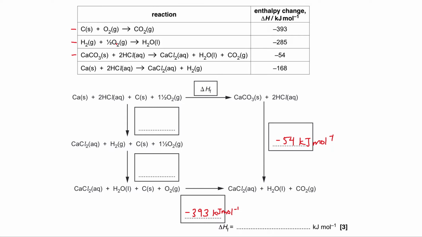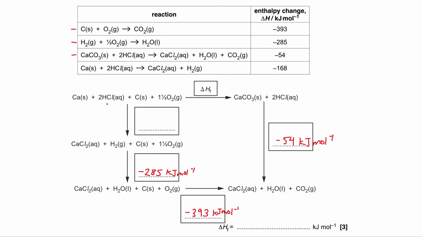So H2 plus half O2 makes H2O. Okay, it's just we got 1.5 O2 here, so we do have an O2 left over. So that matches the molar ratios for that. So in this box over here, I'm going to write minus 285 kilojoules per mole.